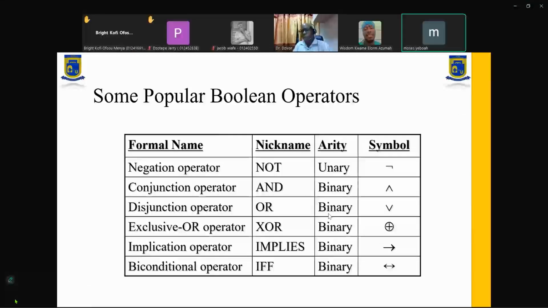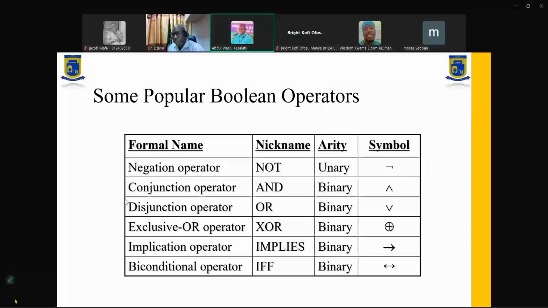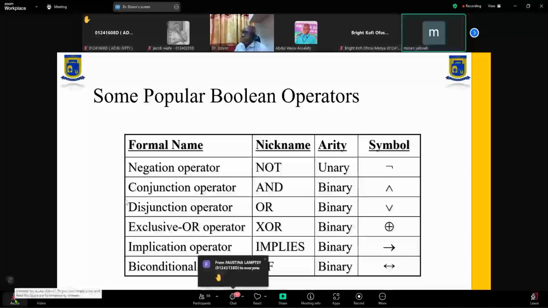My question is, can you give us an example of the implication operator? Okay. Who are the ladies in the class? The ladies who raised their hand. Gifty. Okay.